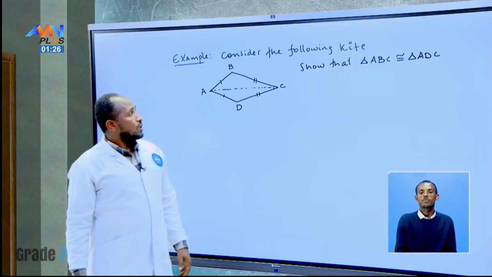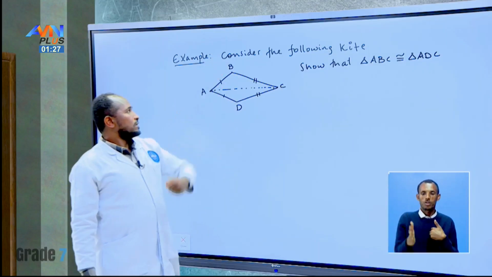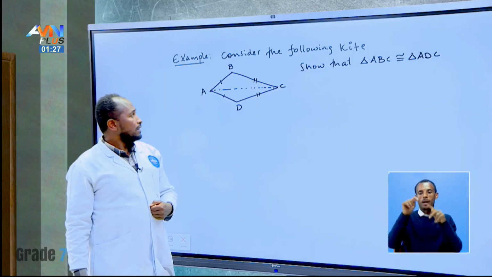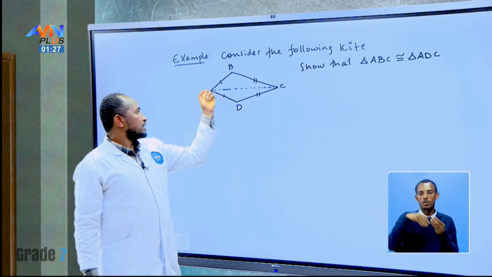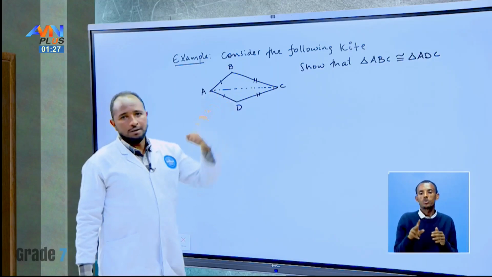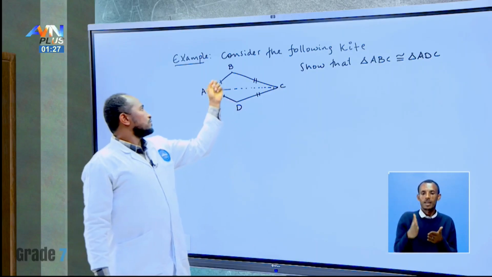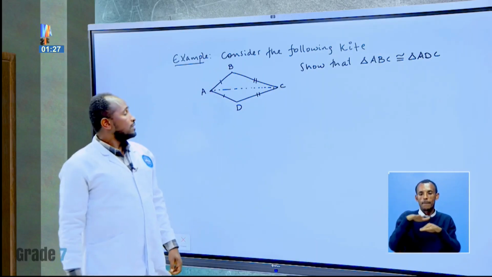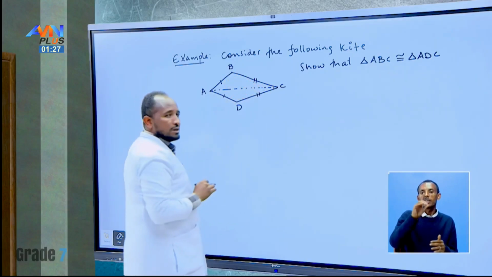Here we have two sides for the upper triangle ABC, and again we have two given sides in the lower triangle ADC. This side is congruent to the upper AB, and side DC is congruent to side BC.